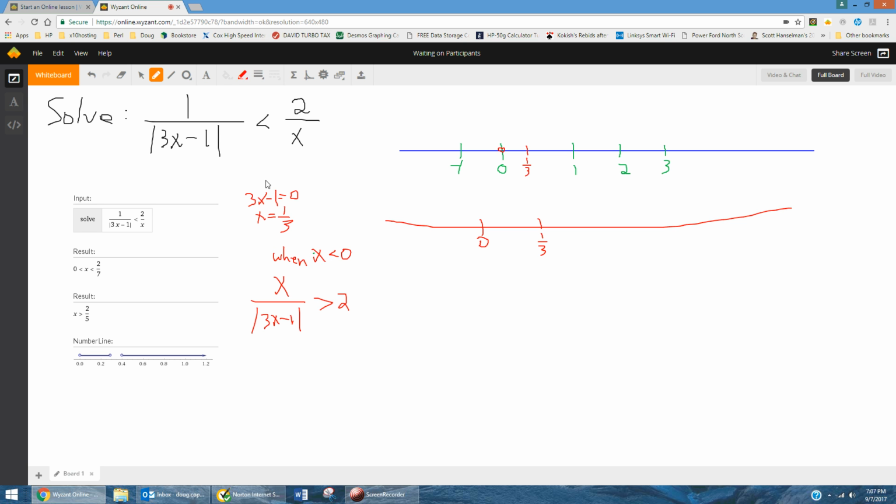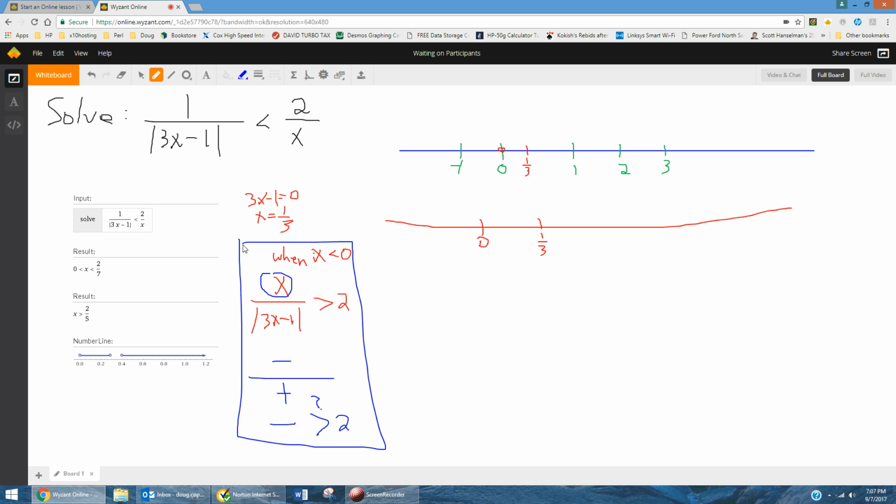And when x is less than 0, this number is negative, and the denominator is positive because of the absolute value. So I'm going to get a negative number on the left, and that can never be greater than 2. So when x is less than 0, there's no numbers that will make this true. So I rule out anything to the left of 0.